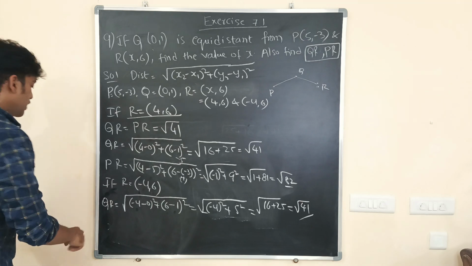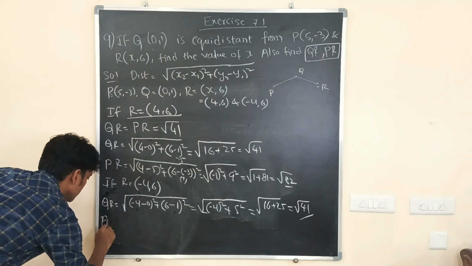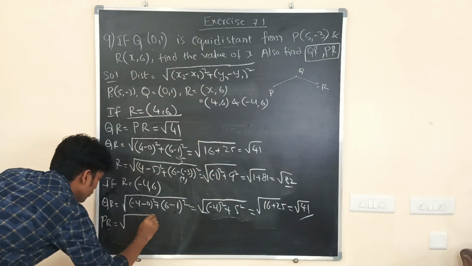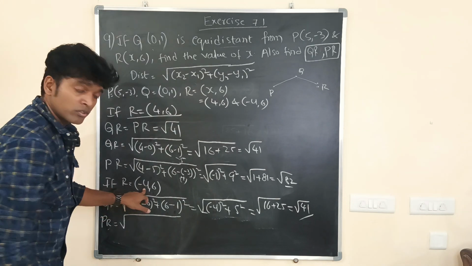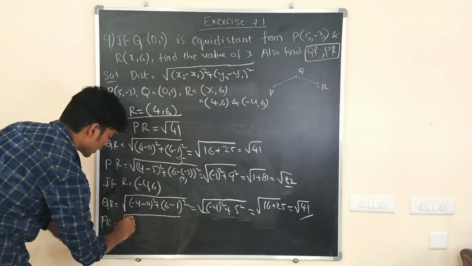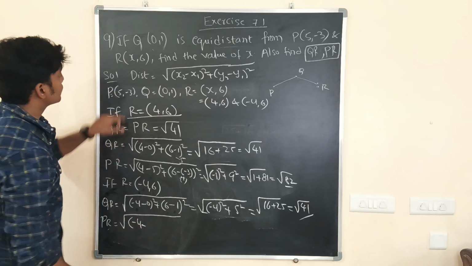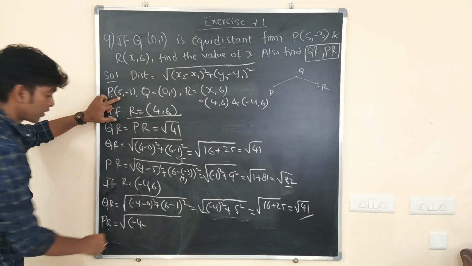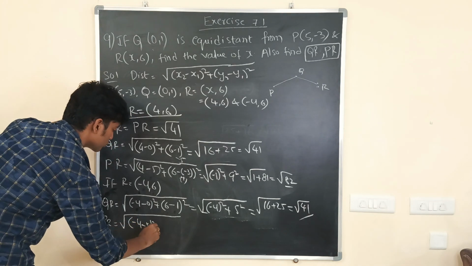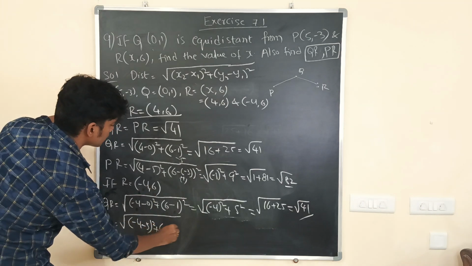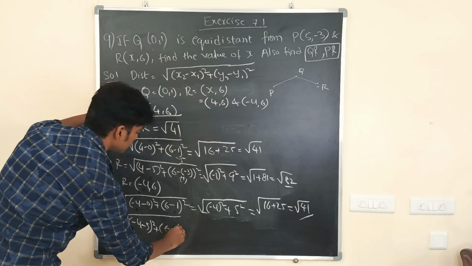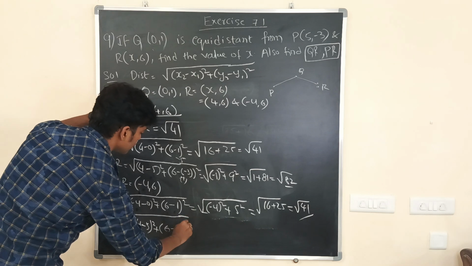And PR, square root of, R is minus 4 comma 6, so x2 is minus 4 minus x1 is 5, whole square, plus 6 minus of minus 3 whole square.